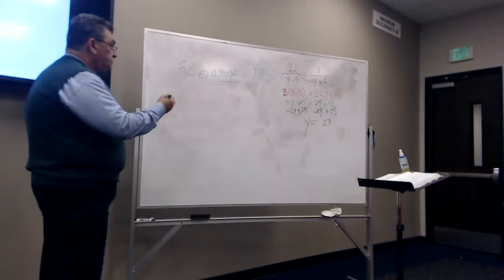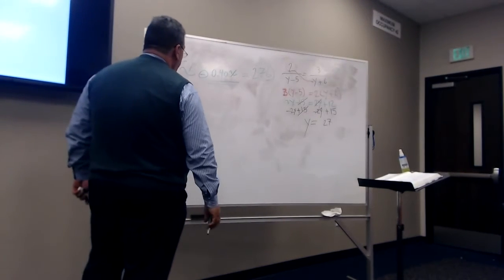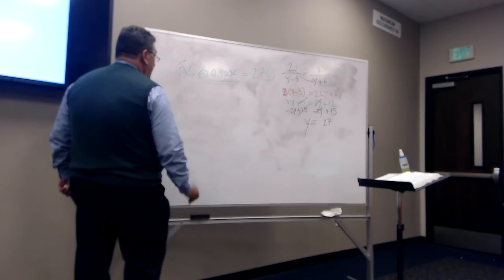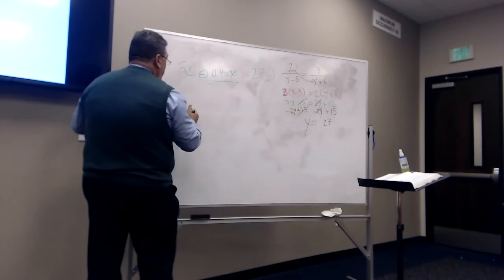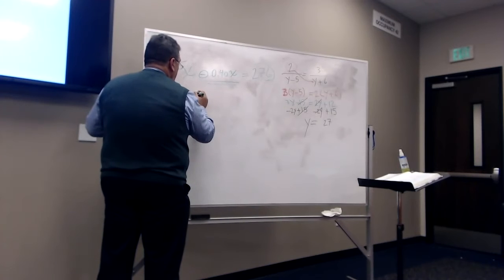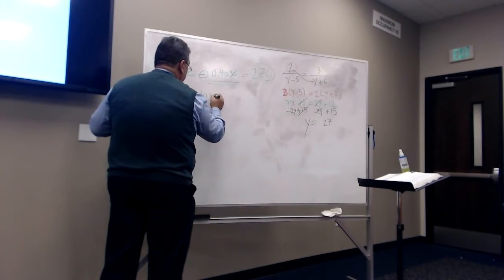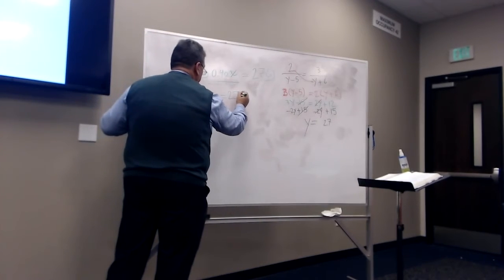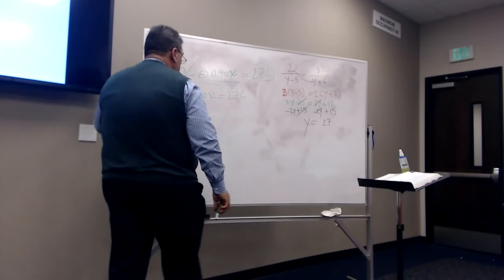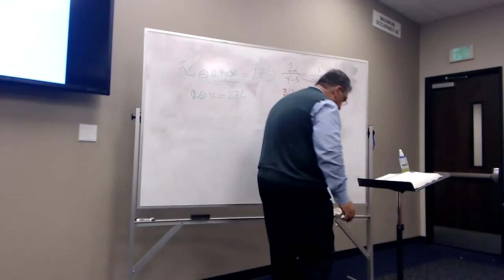So when you solve this problem for X, X minus 0.4X would be 0.6X, and that is 276. We multiply both sides by 100, and that's easier.